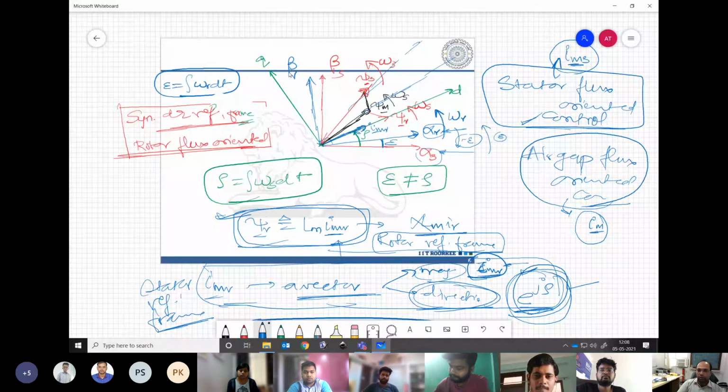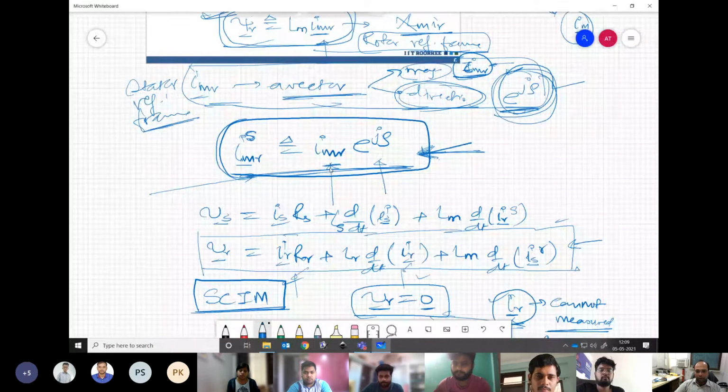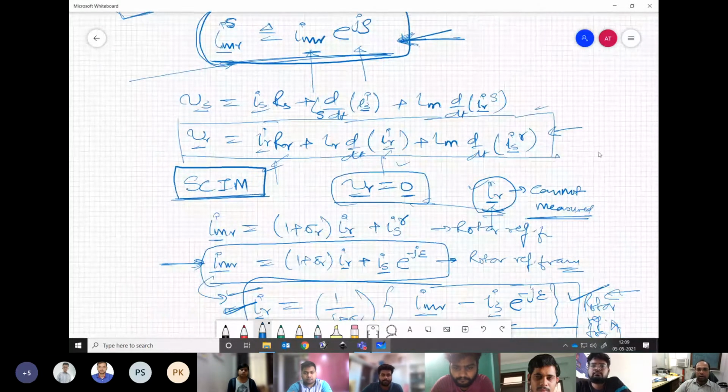This is associated with our rotor flux, where we are going to orient our D axis. Then we defined how this rotor flux magnetizing current can be written in general. We do not know the IMR value, but we know where it is located. We will relate this with our other realizable quantities, and we will be able to model it.